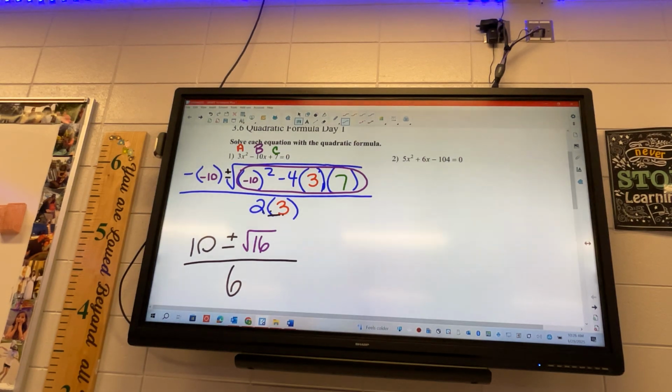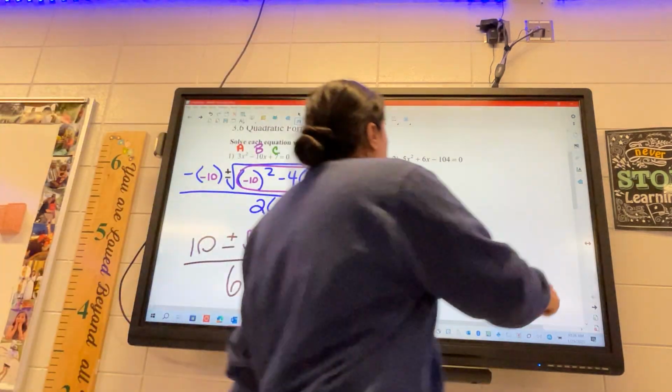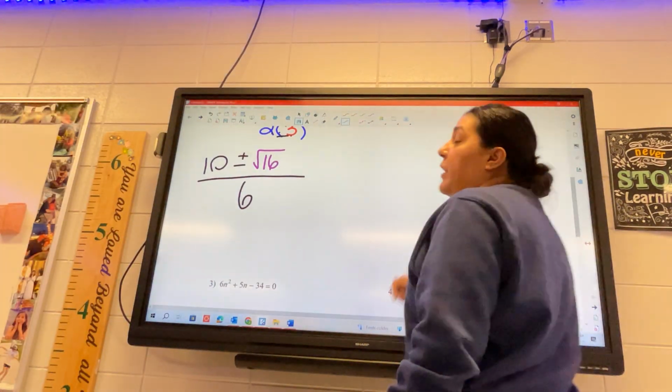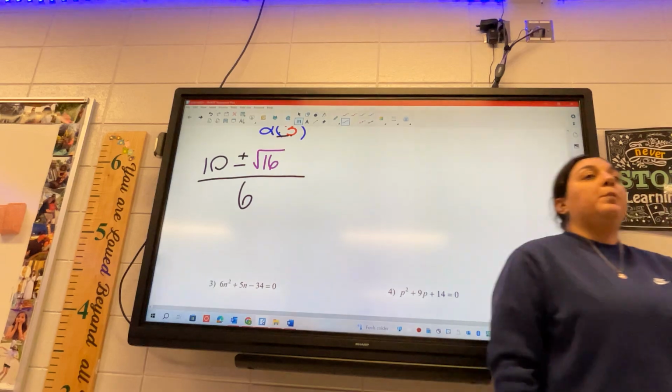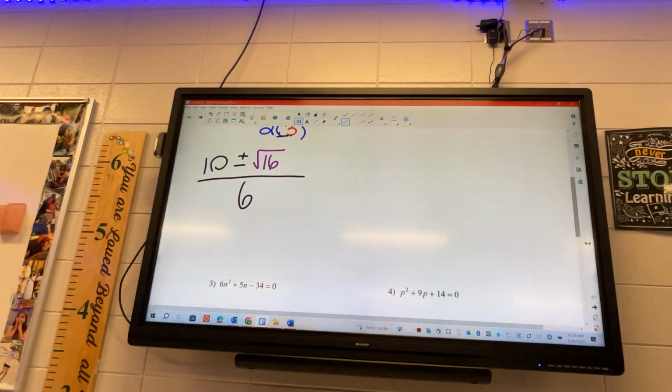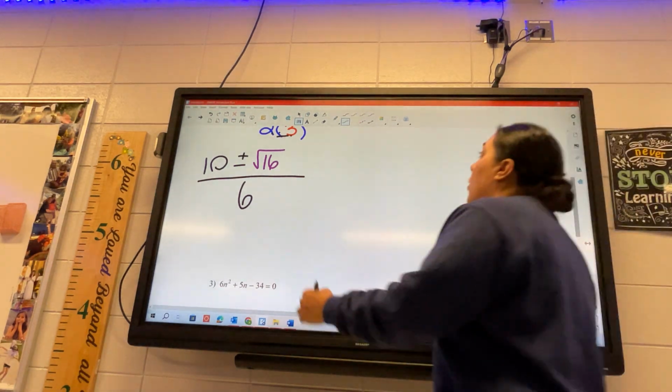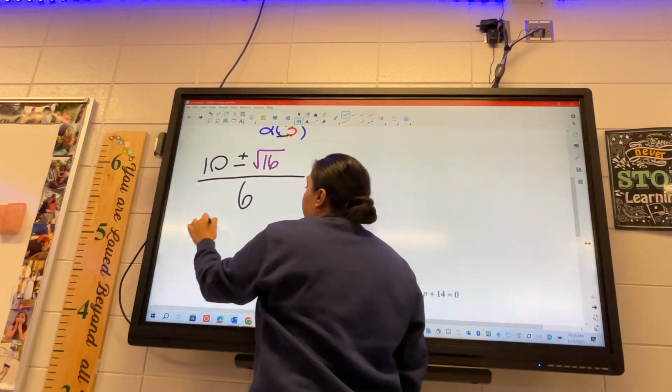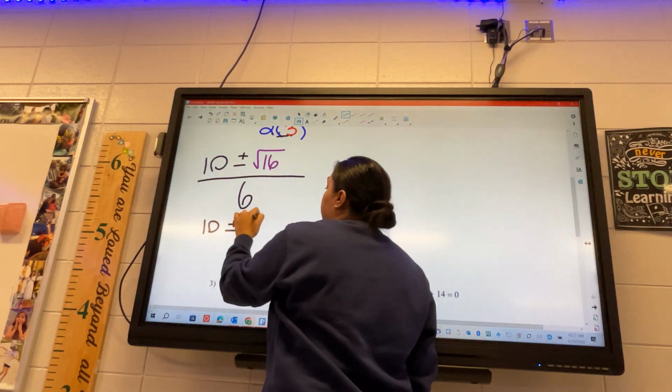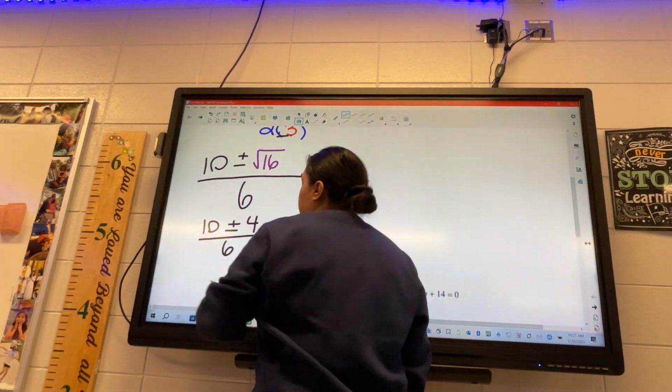You're only typing this stuff, not this. What is the square root of 16? 4. Okay, so what it's really going to be looking like is 10 plus or minus 4 over 6.